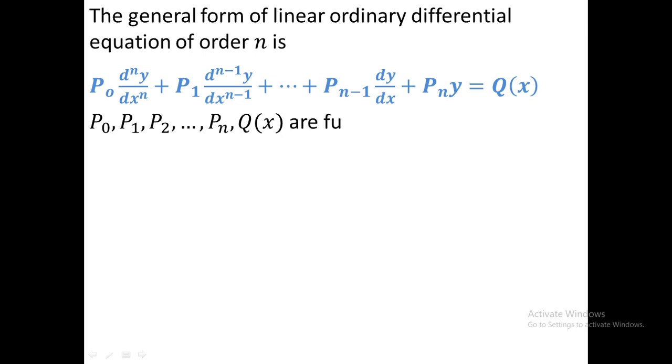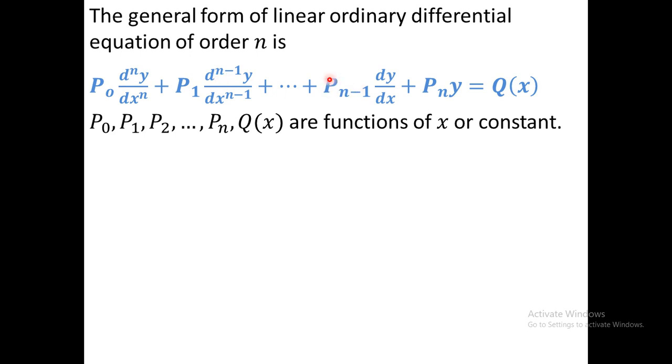Okay. In particular, if we consider P0 as some constant times x to the power n, that is, the coefficient of the nth order derivative is something times x to the power n. And if capital P1 equals some constant times x to the power n minus 1, that is, the (n minus 1)th order derivative of y has a coefficient x to the power n minus 1.